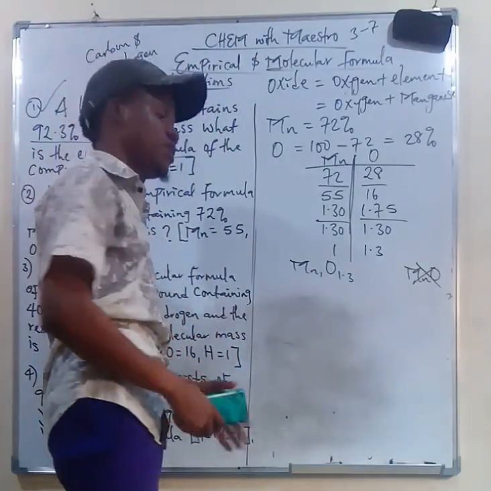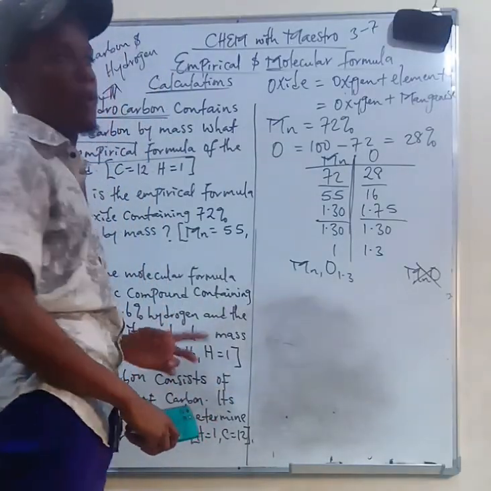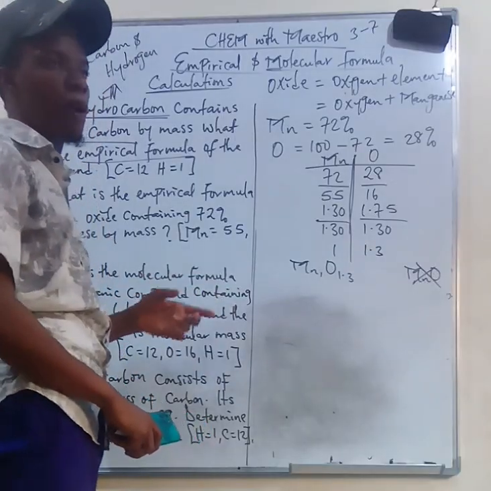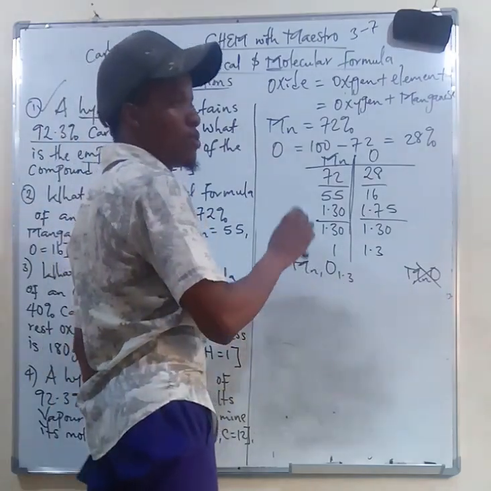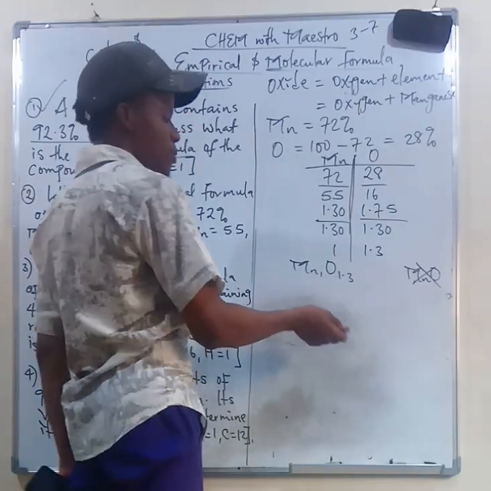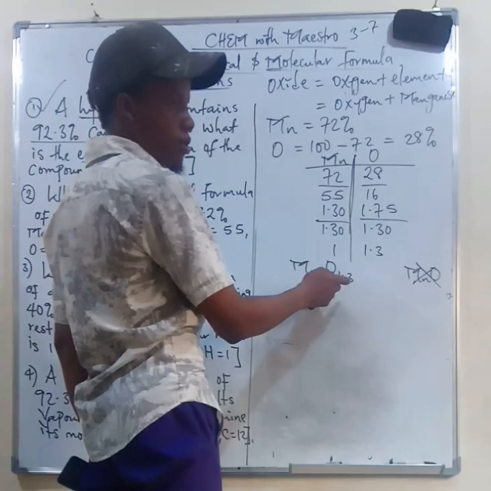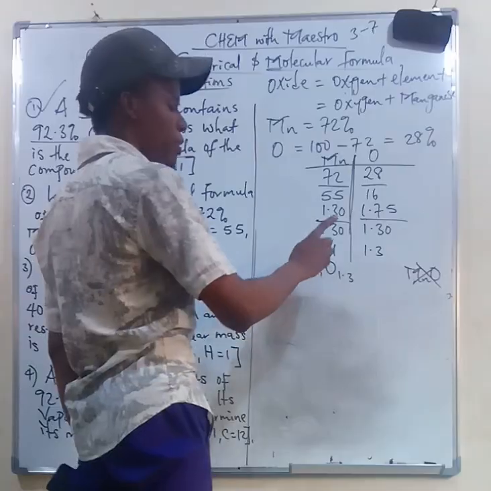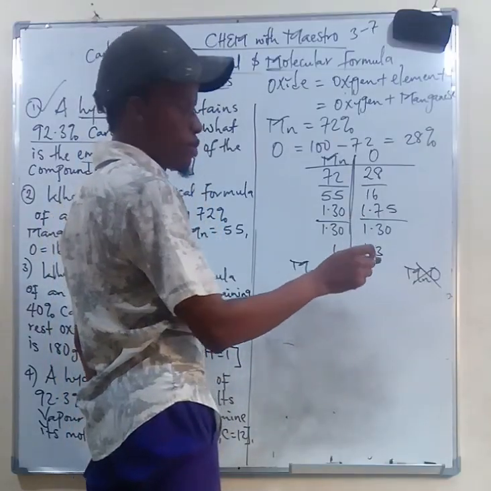What do you do to remove the decimal points? You just multiply by a number. Look for a number that when you multiply through, you get either a whole number or a number in which the first number after the decimal point is 0 to 2 or 8 to 9. So you might have something like 1.0, 1.1, 1.2, 1.8 or 1.9. But if it's around 0.3 to 0.7, please do not approximate.